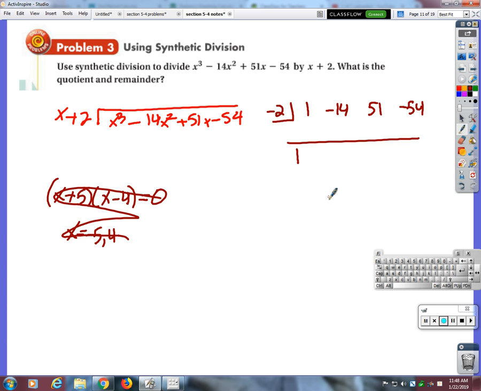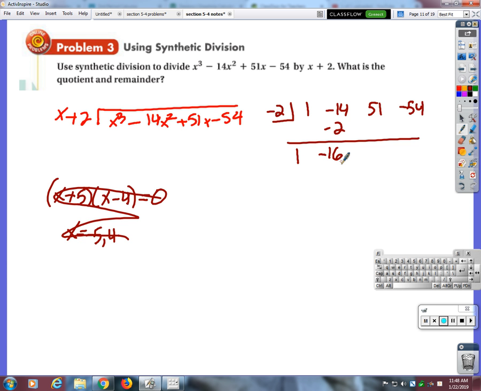So to start with, negative 2 times 1 is negative 2. And then I add those together and I get negative 16. And you don't have to do that weird thing with long division where you're actually subtracting, so switch the sign, all that kind of stuff. You just add them together.